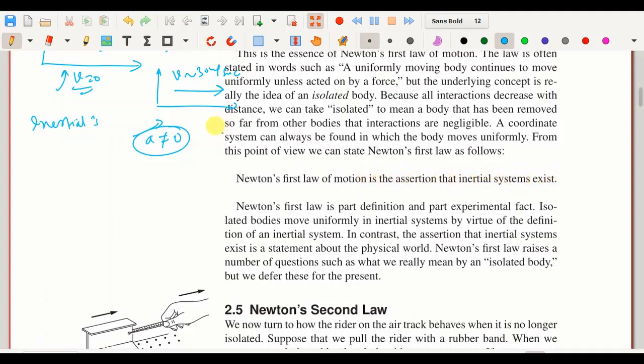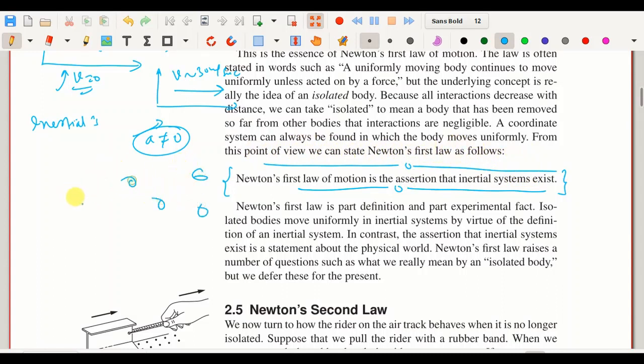So Newton's first law is telling you about an isolated body where there is no force of interaction. Because if there are other bodies interacting with this body, and it is moved this way, they will also move, because of the force of gravity. These forces of gravity are attractive in nature.